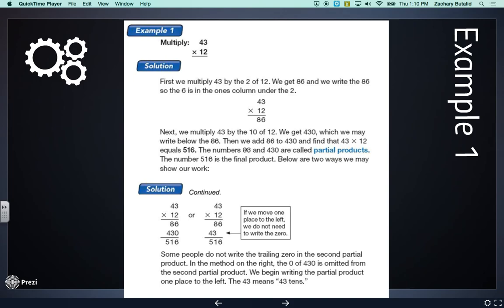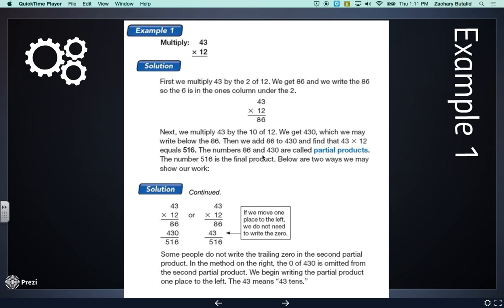Next, we multiply 43 by the 10 of the 12, which is this part right here, okay, which we get 430, which we write right below the 86. So we would write 430 right here. That's this right here, okay. Then we add 86 to 430, so we're just adding these two together, which equals 516.